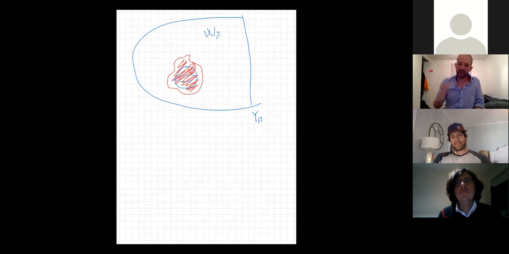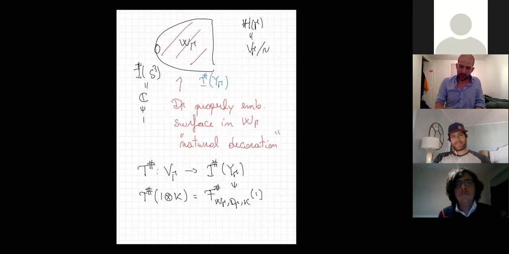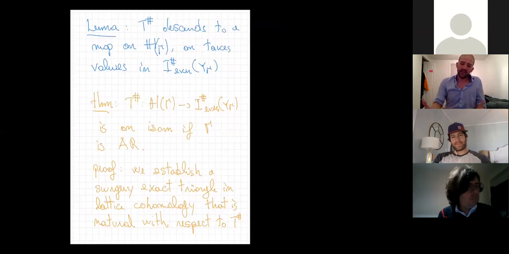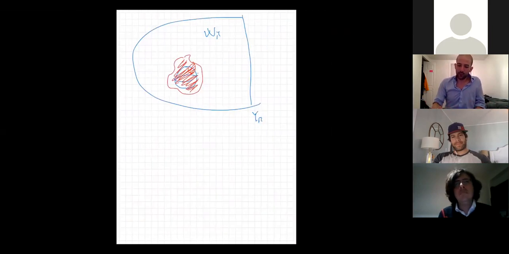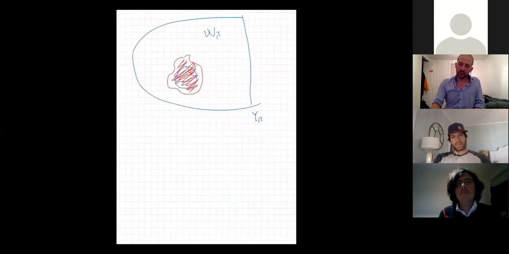And so this imposes some obvious restriction on the kernel of the map T sharp when defined on the vector space V gamma. And basically, what we prove is that these relations on V gamma come from this decomposition of the cobordism.